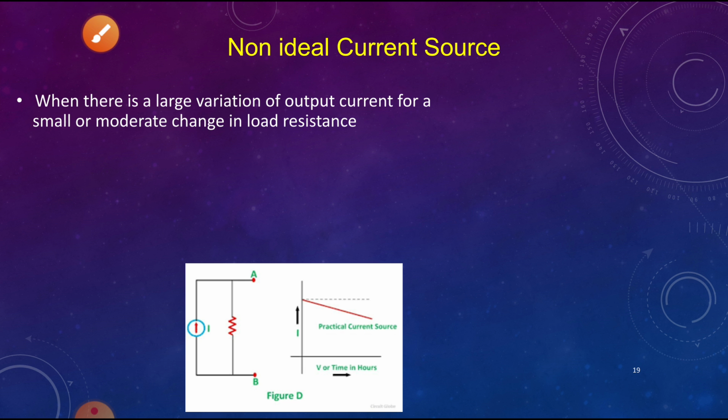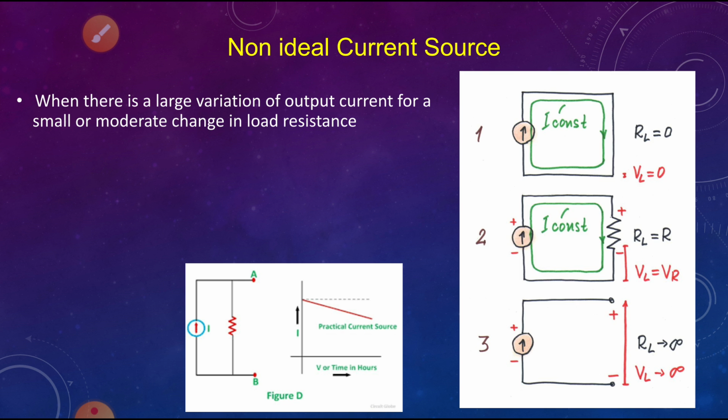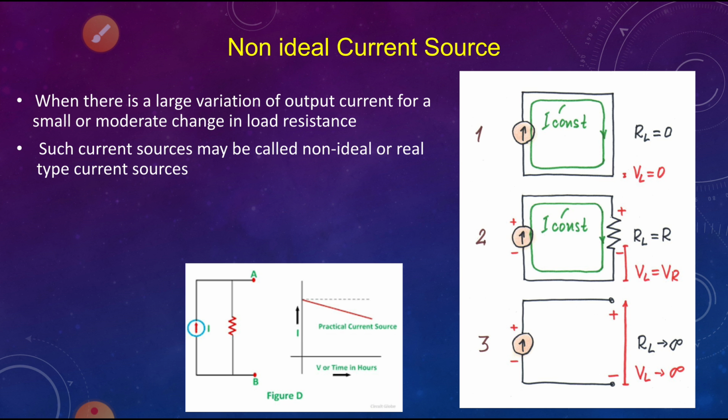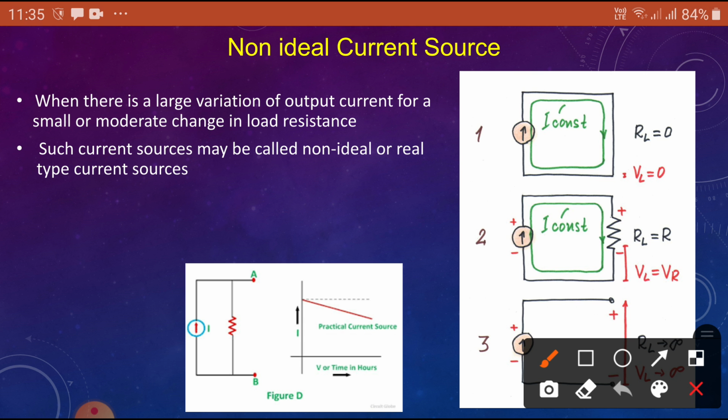Now, when there is a large variation of the output current for a small or moderate change in load resistance, such a current source may be called a non-ideal real source. In the first case, when RL is equal to 0, that means a short-circuited current source, VL is equal to 0.